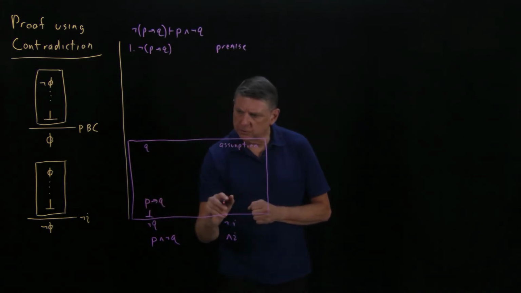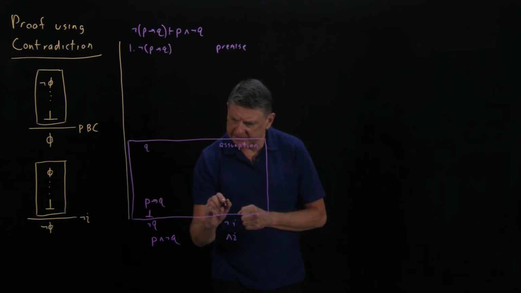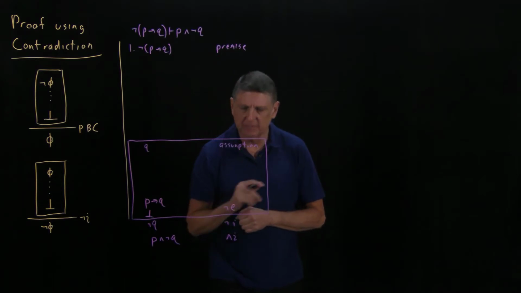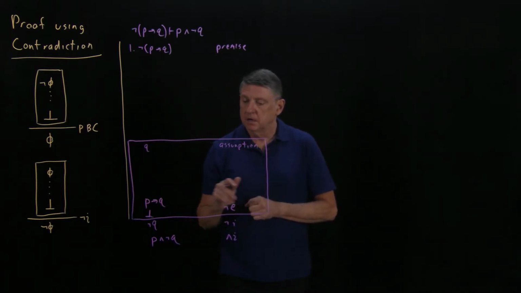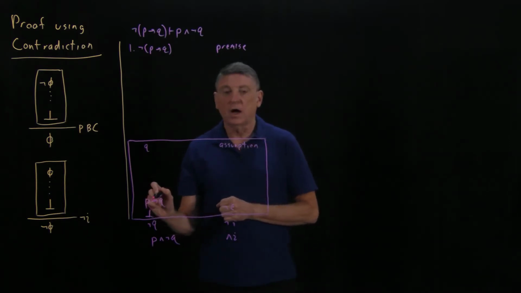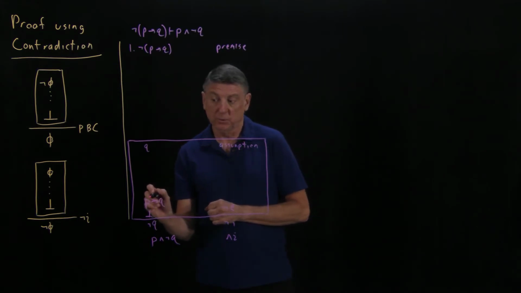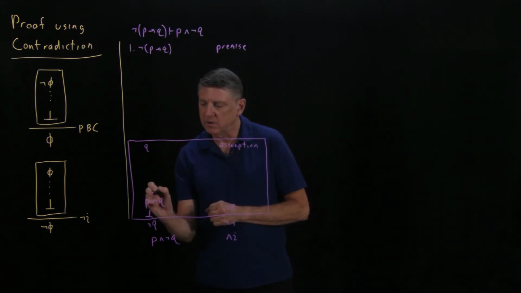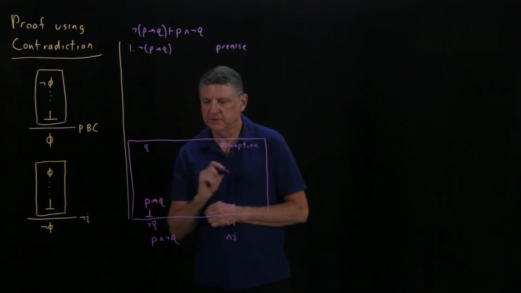And I'll say that I'm going to get there by a contradiction, which is negation elimination. Now I'm getting somewhere perhaps useful, because now I have P implies Q.